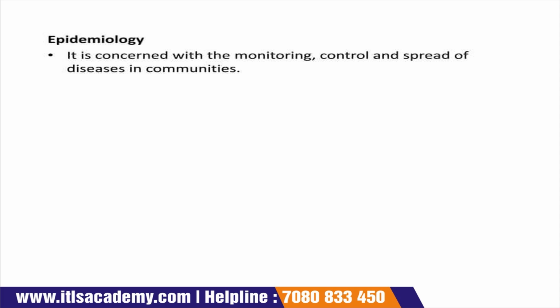In this category, we are concerned with the monitoring, control and spread of diseases in communities. So the microorganisms responsible for the spreading of disease among communities come under the category of epidemiology, along with the monitoring and control of that disease.